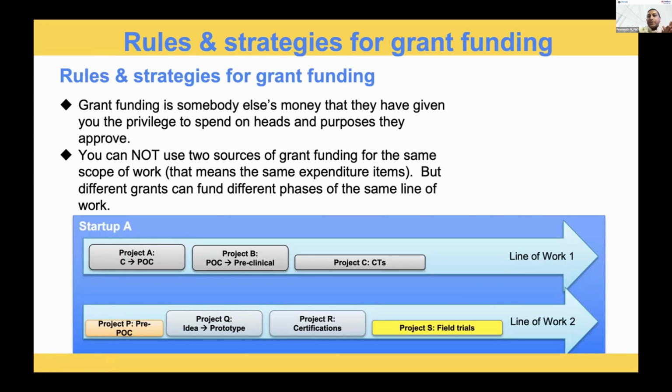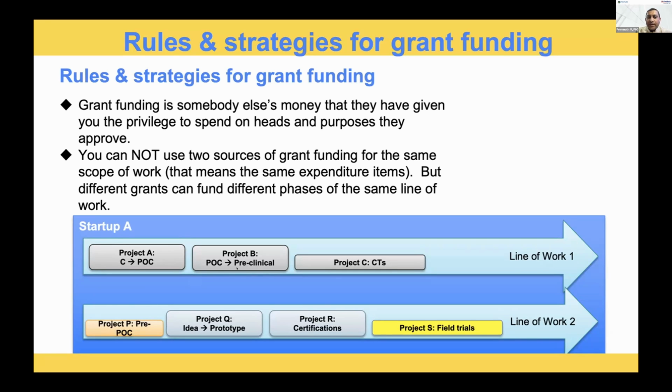You cannot use two sources of grant funding for the same scope of work. So if you're doing a particular line of work, suppose it's a diagnostic for a particular product, what you as innovators should think of is defining pockets of scope which can be funded in multiple different ways. It's okay that one line of work receives multiple grants at different stages.